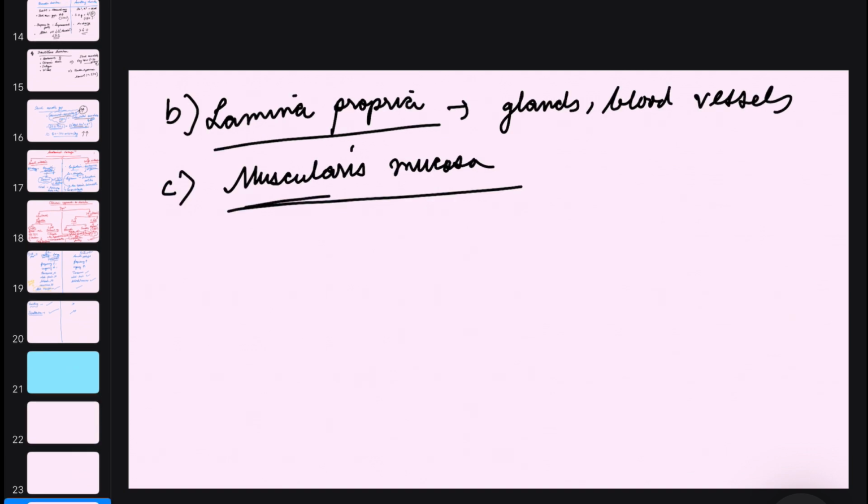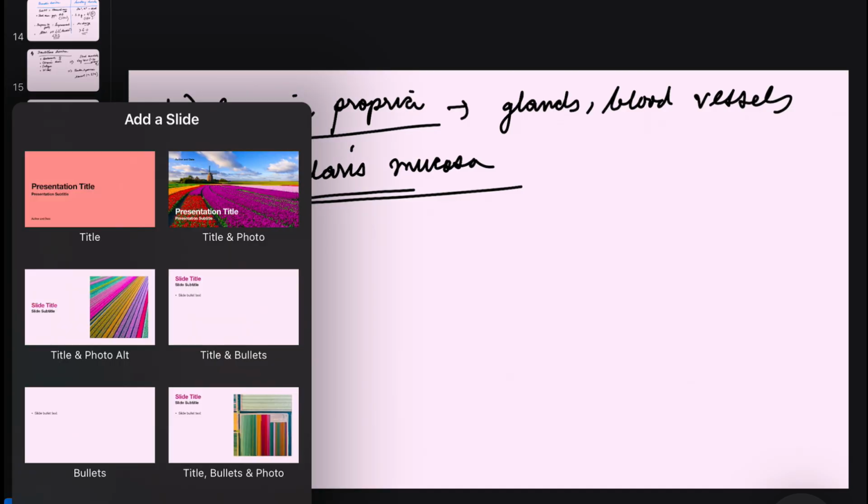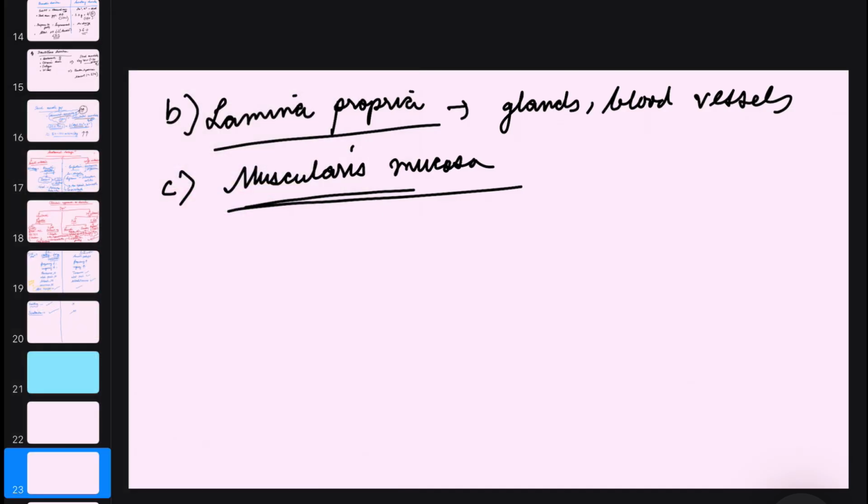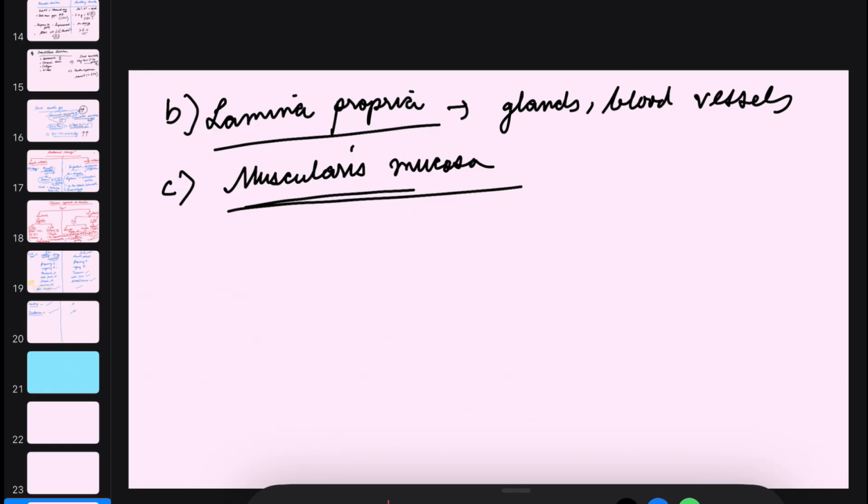Okay, fine. So these are the three layers. Done. Now let's move on and concentrate on the second layer, which is the submucosa.